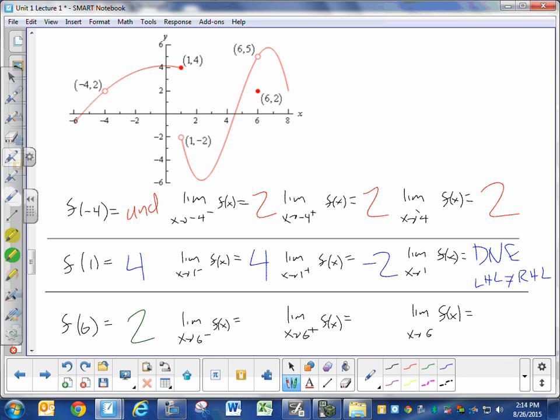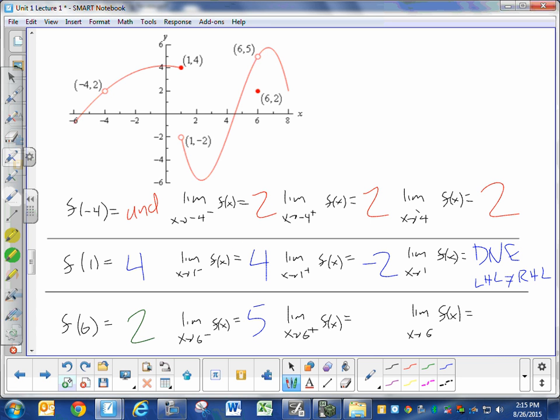And then we look at 6. Well, the function is defined at 6. However, as I'm approaching the input 6, I see I have function values that are getting really, really close to this y value of 5. So even though I have this point at 0.62, my function values look like they want to go to 5.